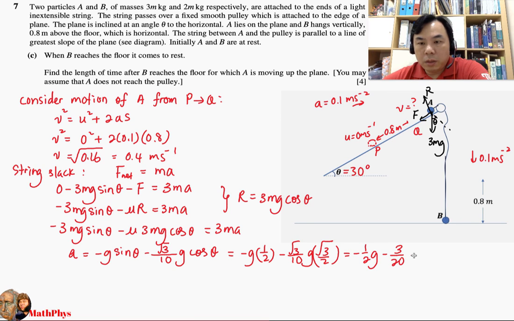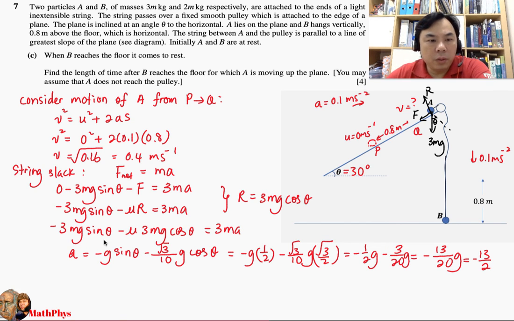So that will be negative 13 over 20 g. I forgot my g here, which is negative 13 over 2.